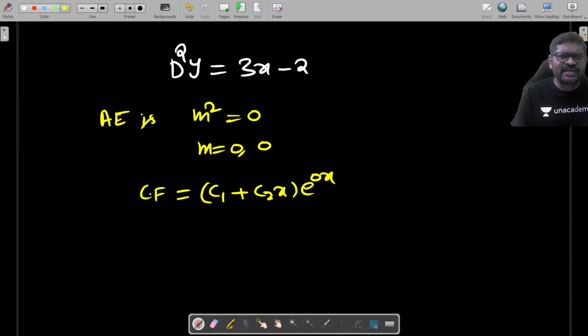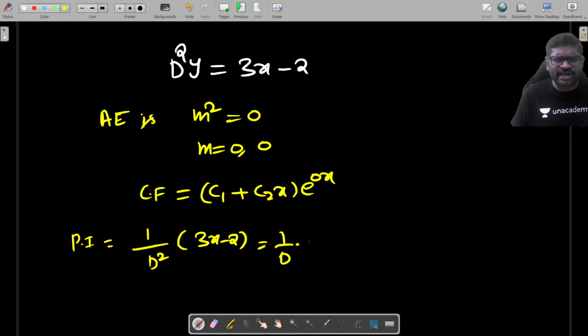Now the particular integral is 1 by D square of 3x minus 2. 1 by D square is nothing but 1 by D into 1 by D of 3x minus 2. 1 by D means integration.